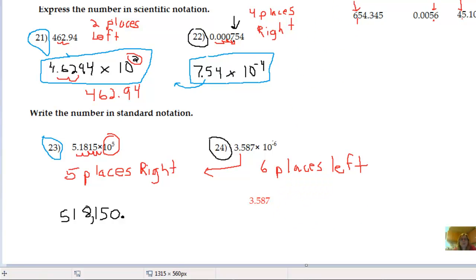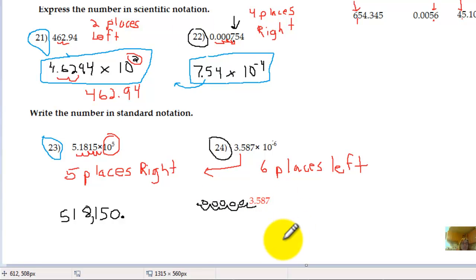This decimal is going to move 1, 2, 3, 4, 5, 6. So every time we have one of these little loops, we put a 0. 1, 2, 3, 4, and it's going to be 5 zeros because the first move was across the bottom of the 3. So we'll look at that again. 1, 2, 3, 4, 5, 6. It puts 5 zeros in front of the number.